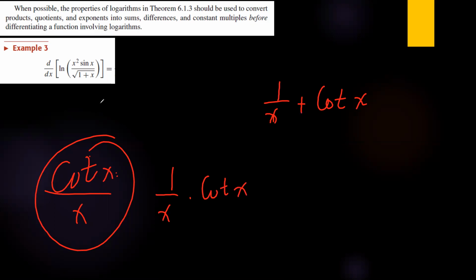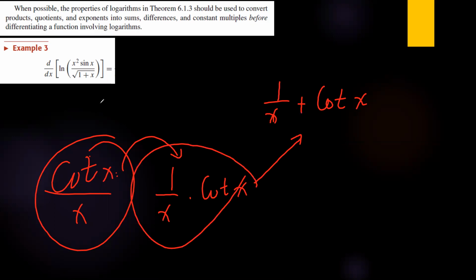I mean that maybe because you convert it, since they are 1 over x times cotan x, you can write it as 1 over x plus cotan x. So if you use both of them, you will get the same answer. But after you get this answer from the expansion way, you also have to convert it back to 1 over x plus cotan x. So if you use both of them, you will get the same answer.